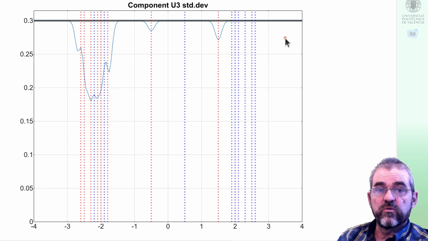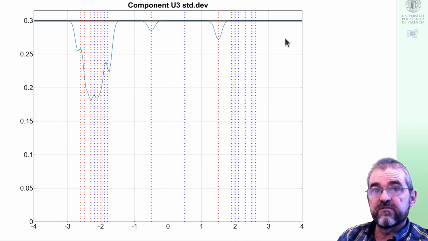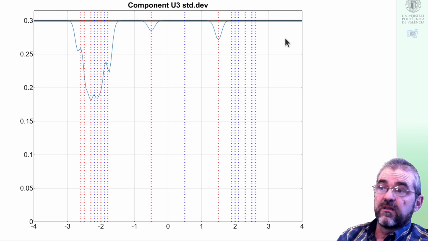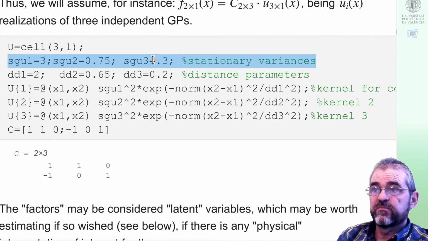Samples of function 1 don't seem to help in estimating the component associated to function 2, which is somehow intuitively expected. And I cannot estimate this component so well because the third component was the one with lower standard deviation, with lower variance.